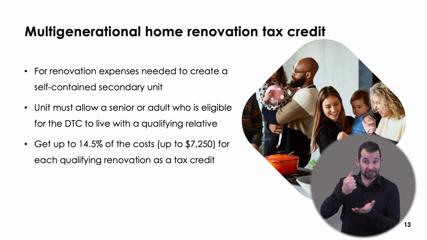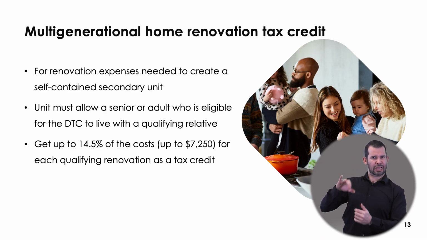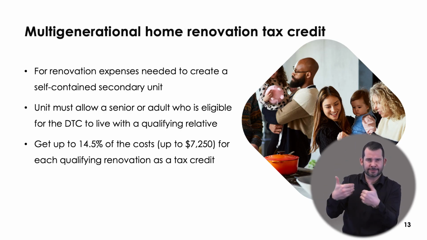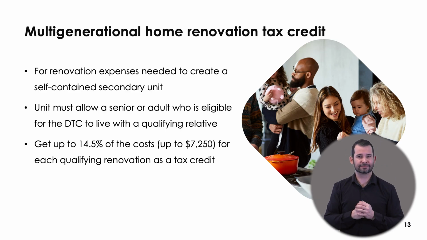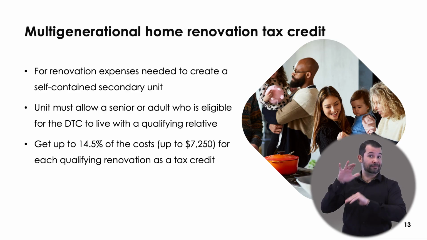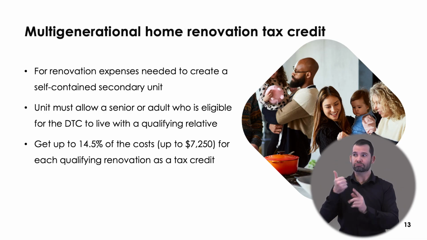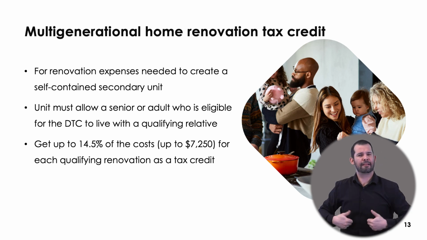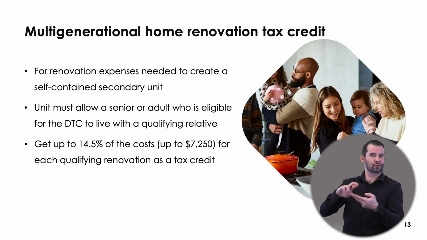If you are eligible, claim this credit for certain renovation expenses spent to create a self-contained secondary unit. The secondary unit must allow an adult 65 years of age or older, or an adult who is eligible for the DTC, to live with a qualifying relative.